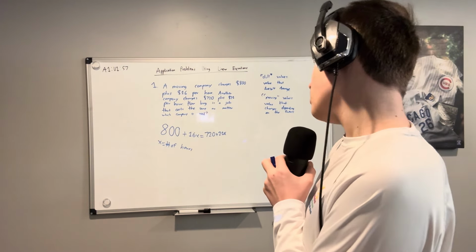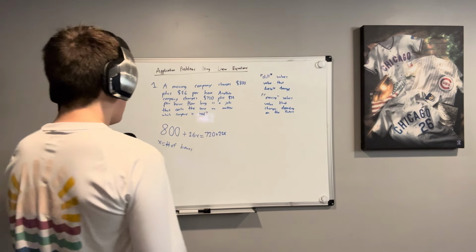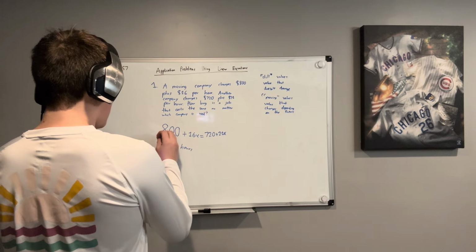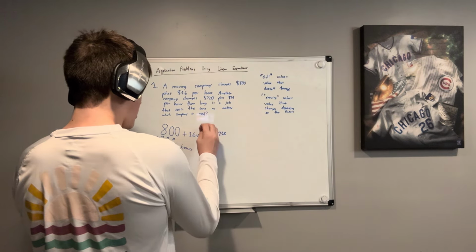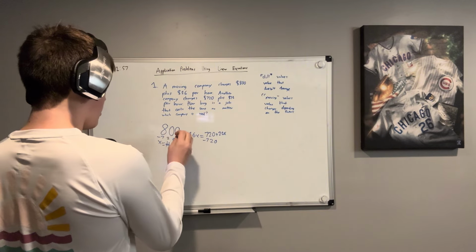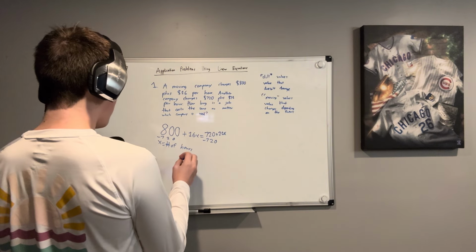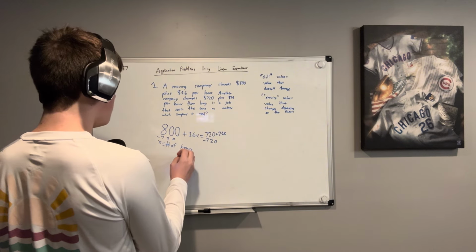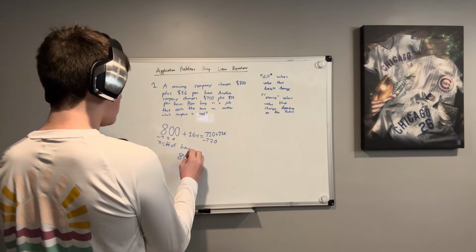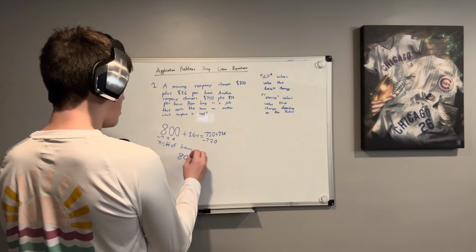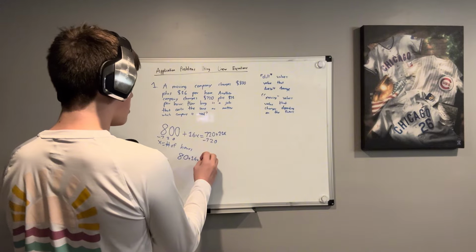So let's do it. We're going to subtract 720 from both sides to get rid of 720 over here. This cancels, and we're left with 800 minus 720. If we subtract that, we get 80. So 80 plus 16x equals 21x.